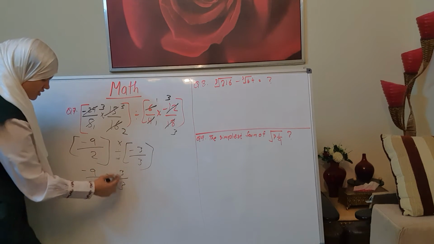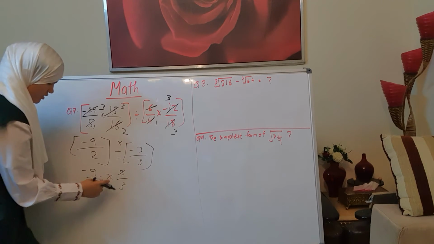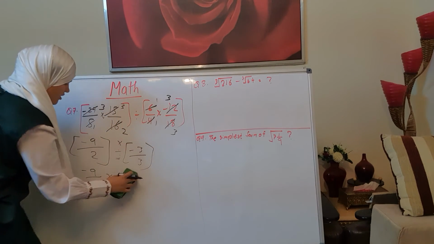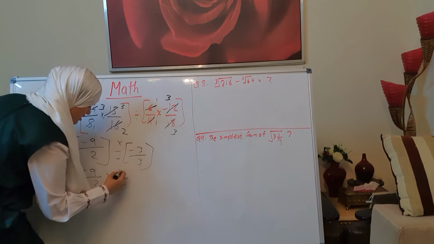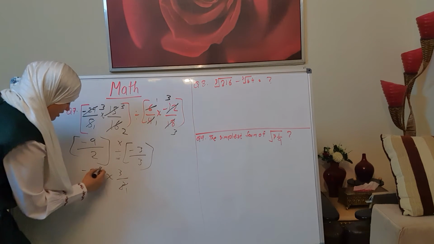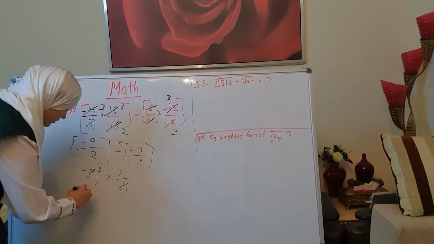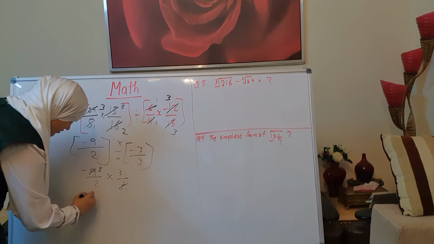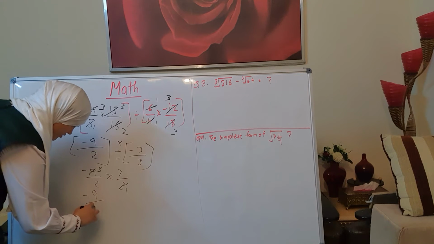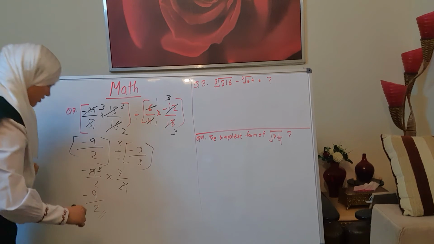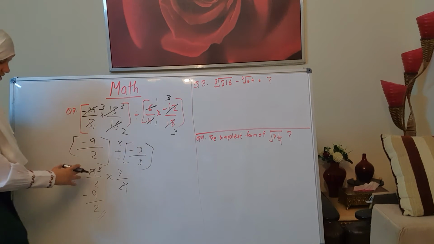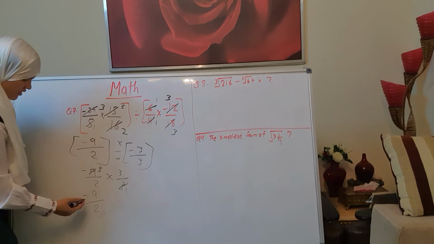Now we cut 3 by 3, so the answer is negative 9 over 2. This is the final answer for this question, negative 9 over 2.